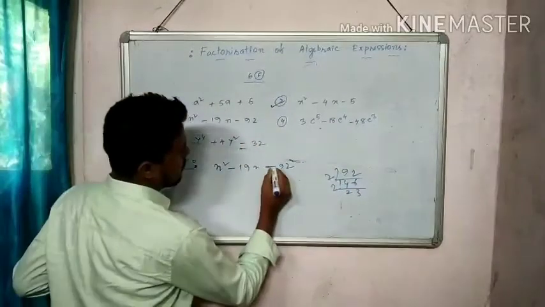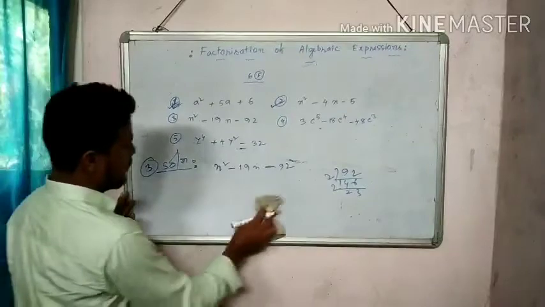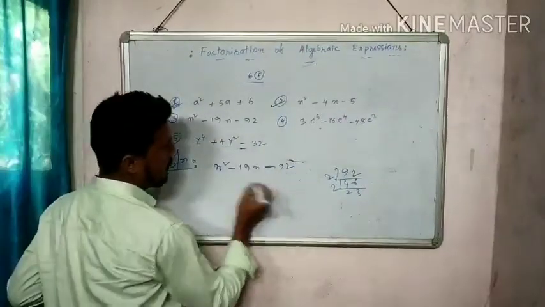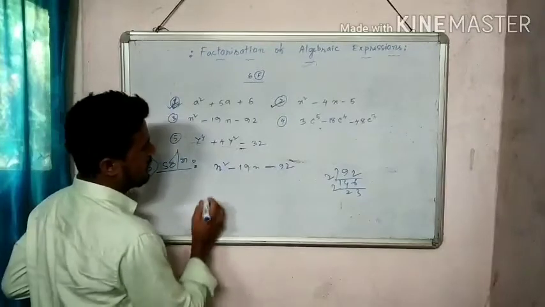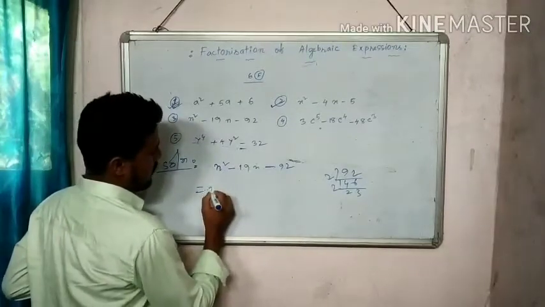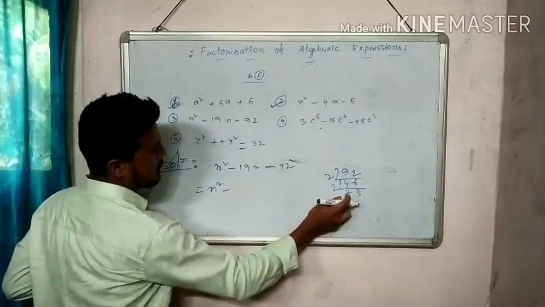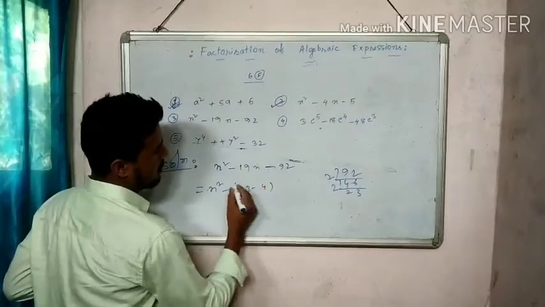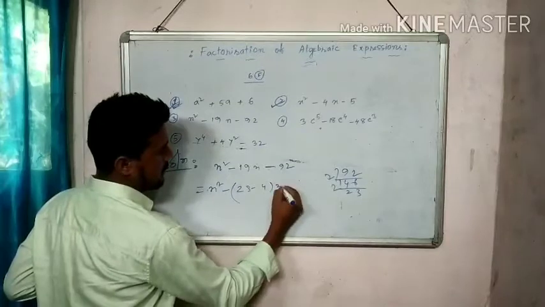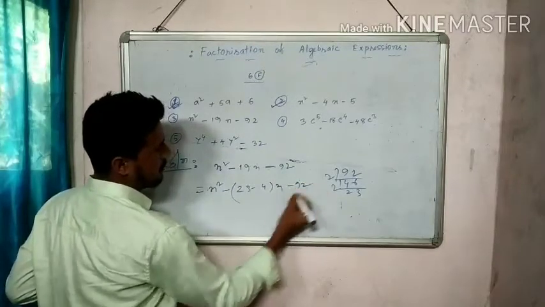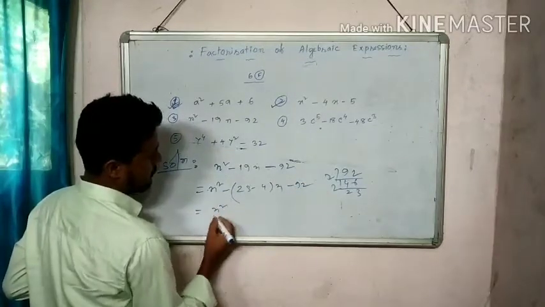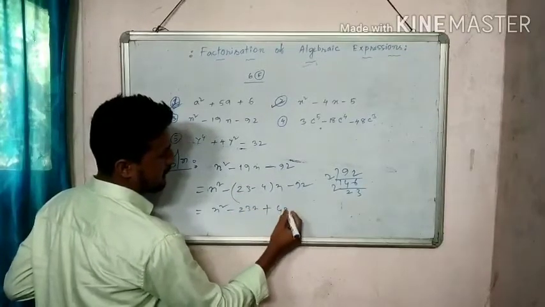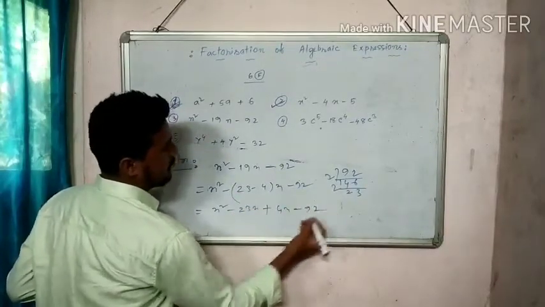So you have to make the middle term by the factors of the constant term as a subtraction. So n square minus, you can write 23 minus 4, and so on. Doing the simplification, minus 23n and plus 4n, and it will be minus 92.